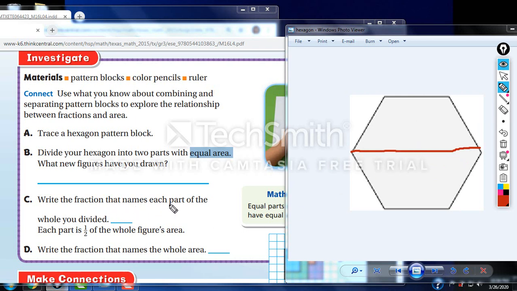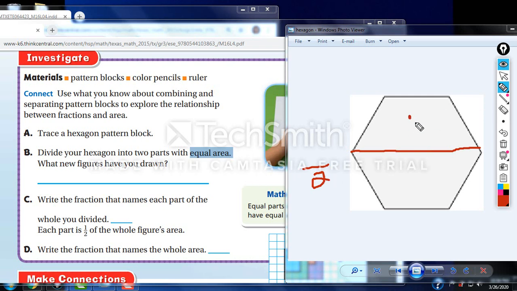Write the fraction that names each part of the whole. And again, this is the whole, and these are parts of the whole. So what we do when we see that, the whole, so how many do we have? 1, 2. Okay.